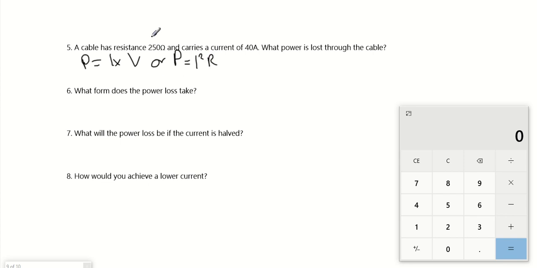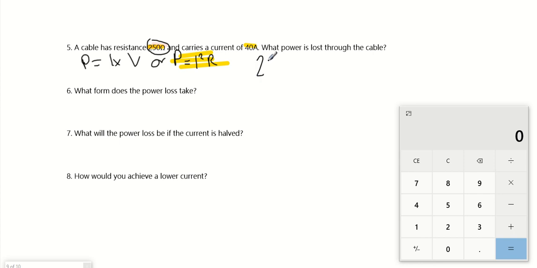We've got an R, there's our R, and we've also got I, 40. So what we're going to do is use this equation here, P equals I squared R.